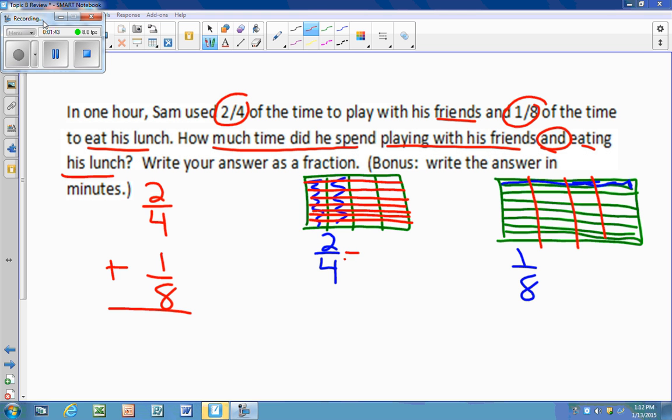And now our new fractions are going to be out of 32 boxes. And we know that we have 16 shaded. And we know that we have 4 shaded.